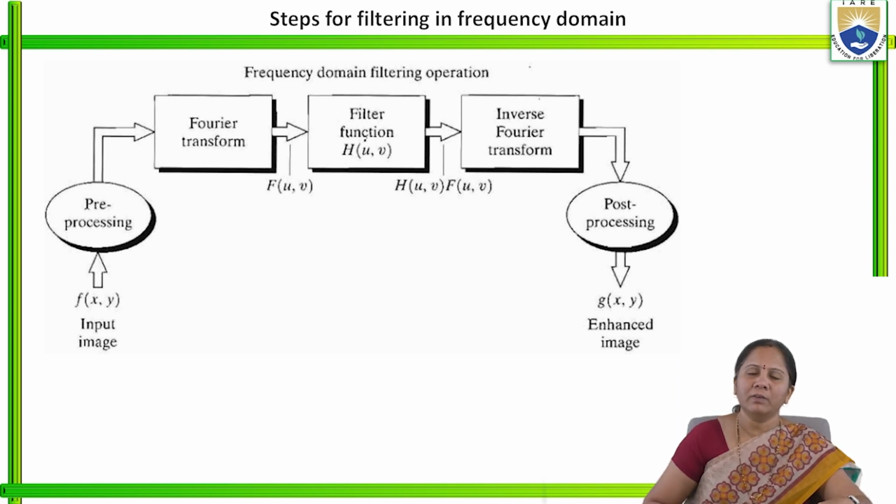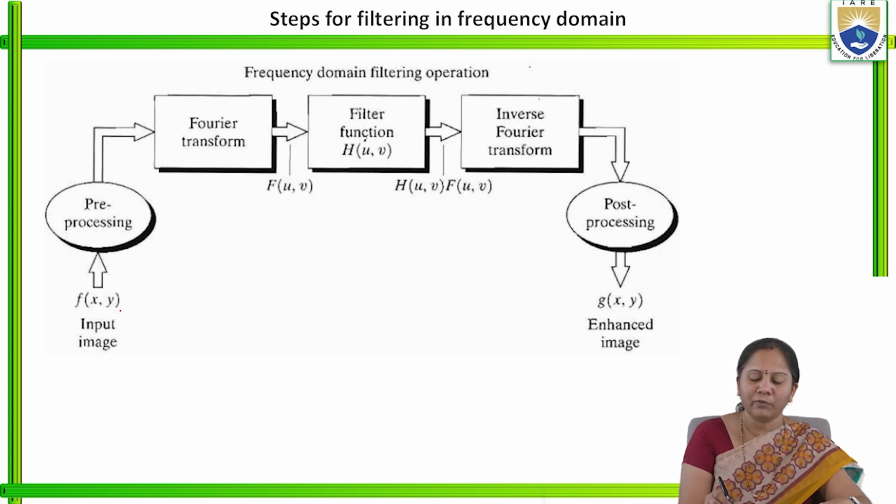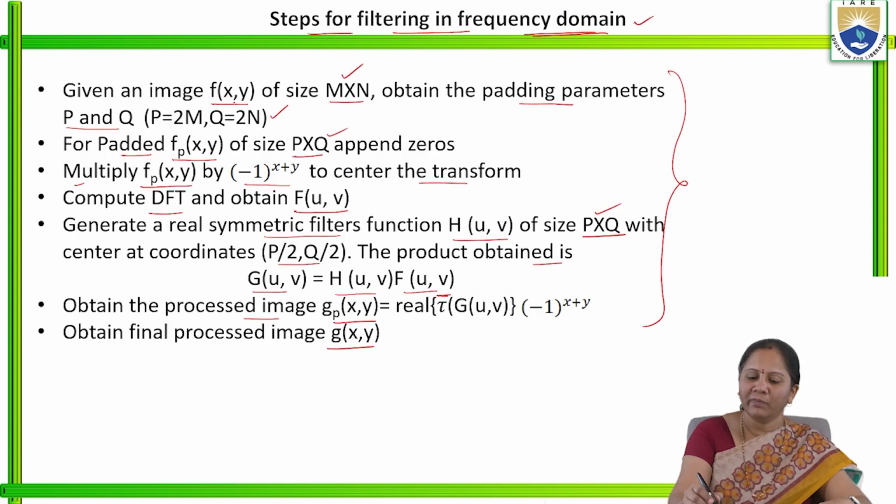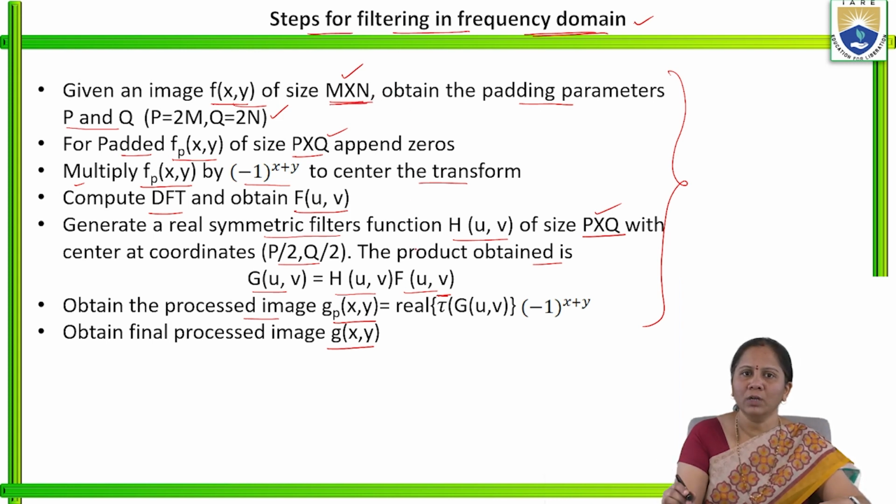So the steps we have discussed in the previous case, we can observe here in the block diagram clearly. The input image we have considered is f of x comma y, whose size is m by n. The steps we have done here all come under pre-processing.